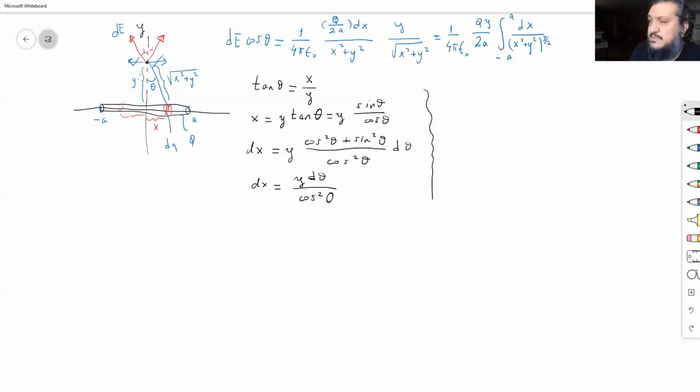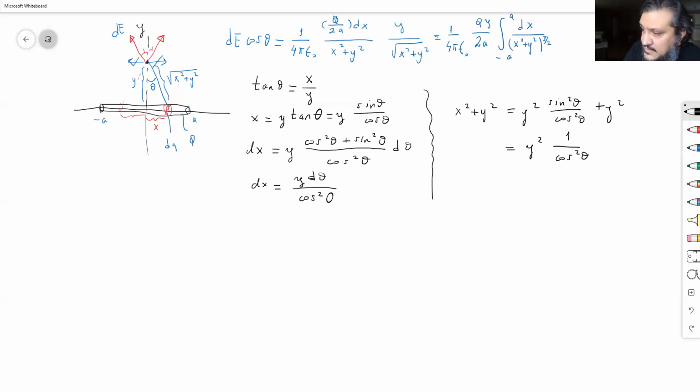And I will need the quantity here, x squared plus y squared, and that will be y squared sine squared theta over cosine squared theta plus y squared. If you equate denominators, this will be y squared cosine squared over cosine squared, and cosine squared theta plus sine squared theta is again 1, and I will end up with y squared times 1 over cosine squared theta.